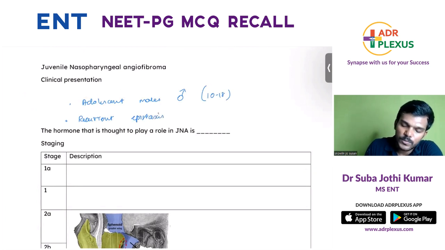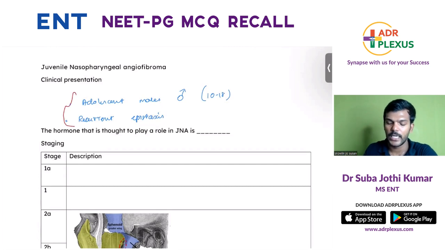Okay, so this could be the main clinical presentation for JNA. Why is it happening more in male adolescents? Because of the hormone testosterone. Okay, the testosterone hormone is the important cause behind the recurrent epistaxis in JNA.